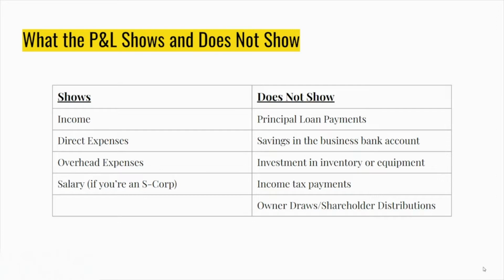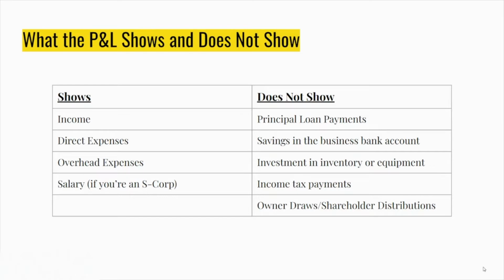It would not show up on the P&L. It would show up on your balance sheet. And same goes for an S corp owner: you're going to pay yourself partially via W-2. That would be on the P&L, but the distribution portion is off the P&L, on the balance sheet. So I just wanted to clarify the different components and what statement they would land on.